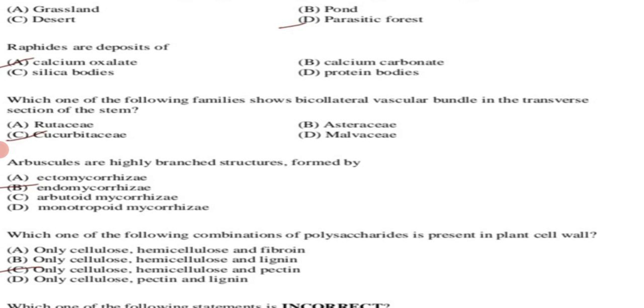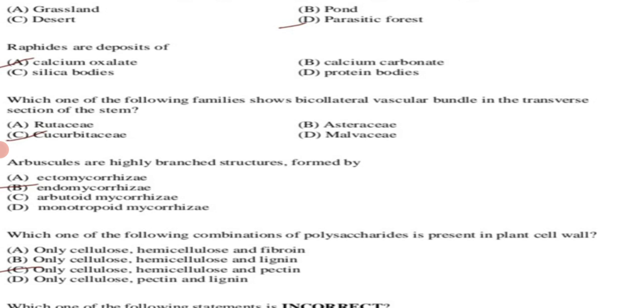The next question: which of the following families shows bicollateral vascular bundles in a transverse section of the stem? The bicollateral vascular bundles are found in the families Cucurbitaceae, Solanaceae, Apocynaceae. The central column of the axis of the root and stem is called the stele.